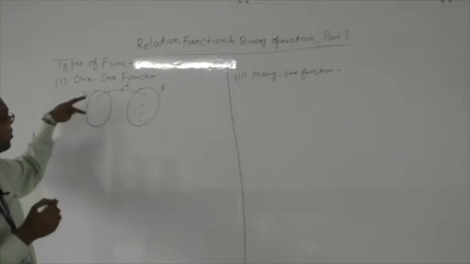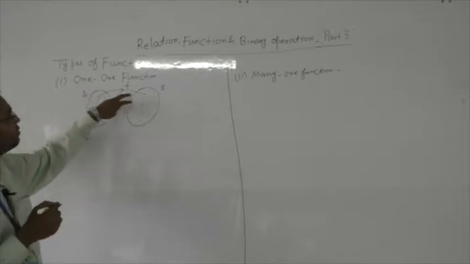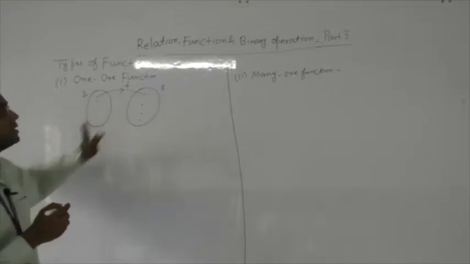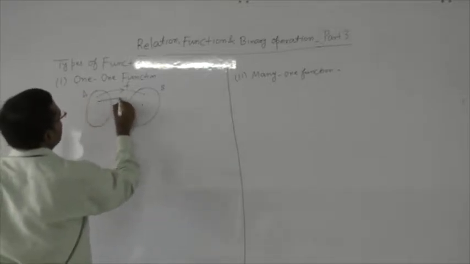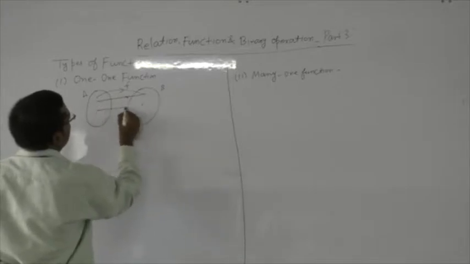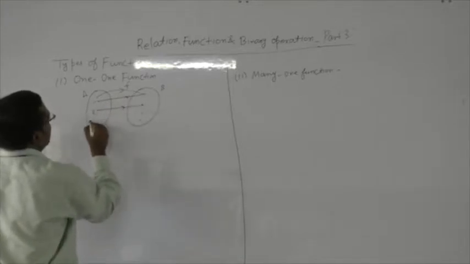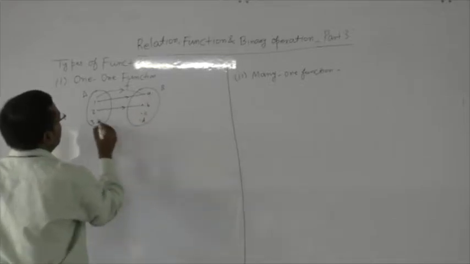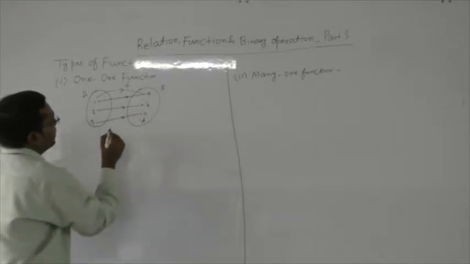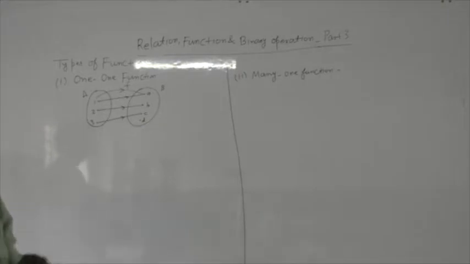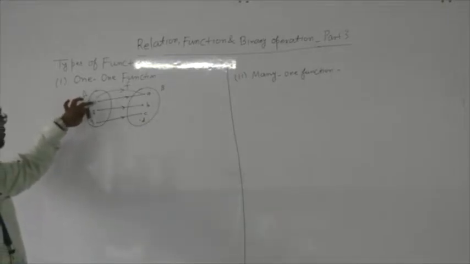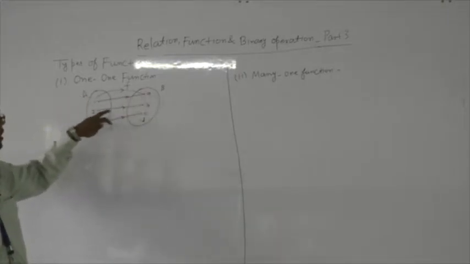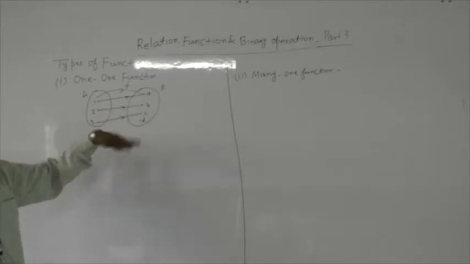Means two elements will not have the same image. Suppose this is 1, 2, 3, and this is A, B, C, D. 1 is connected to A, 2 to B, 3 is connected to C. This is a one-one function. Why? Because 1 has image A, 2 has B, 3 has C, all different.